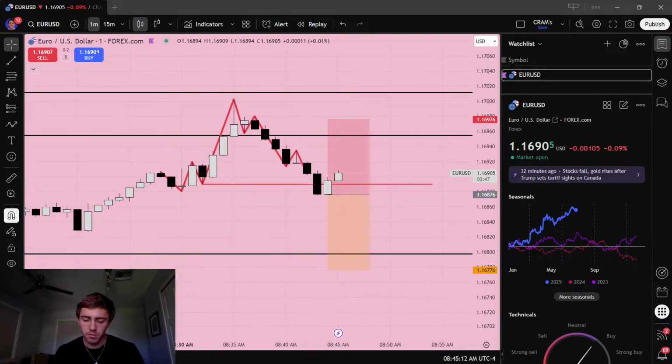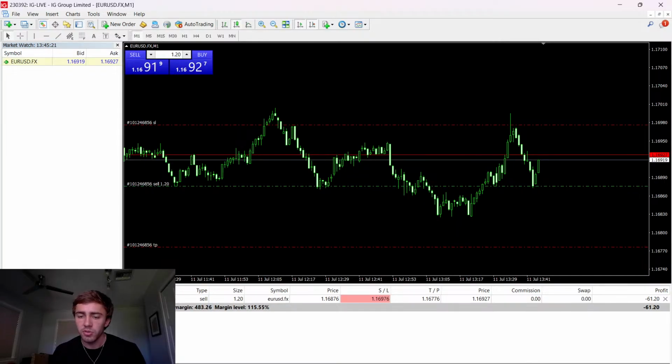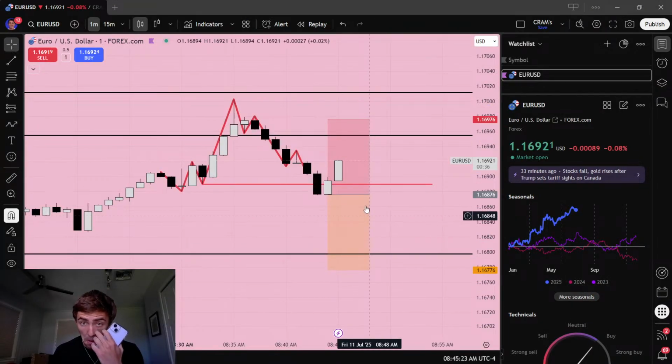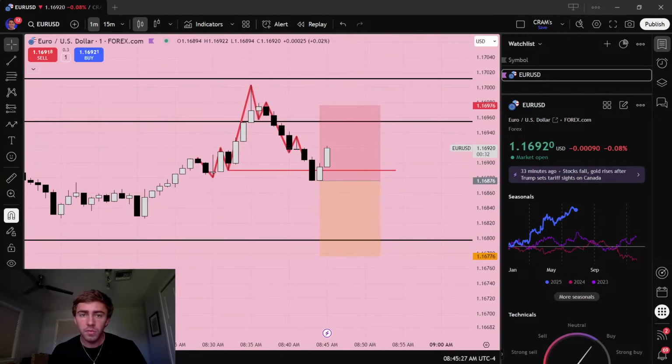What in the world? There we go. Okay, we'll watch it on here for a second. Going straight to stops again. We're getting just slaughtered. It's a market structure shift. We'll see if we can maintain.